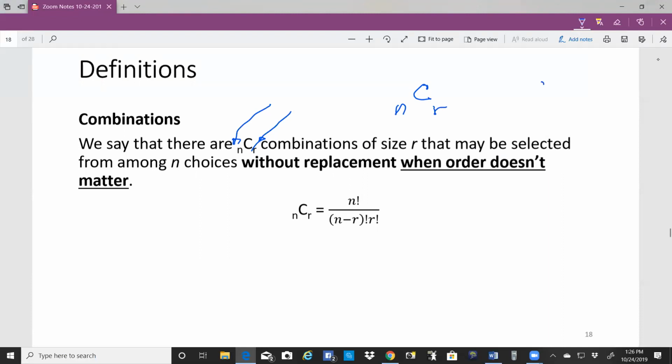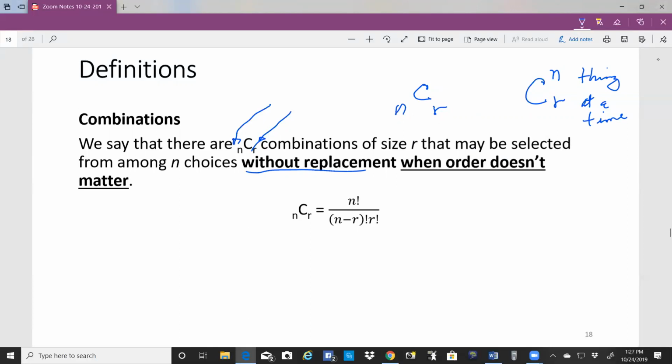Now, when I was in school, we did it this way. Combinations of n things taken r at a time without replacement, when order does not matter.